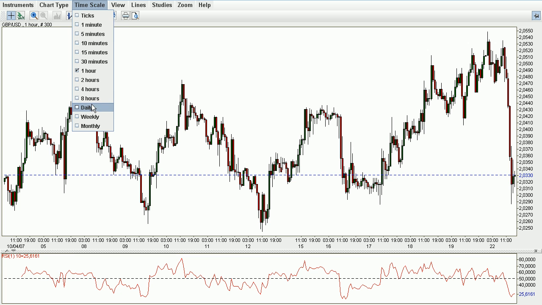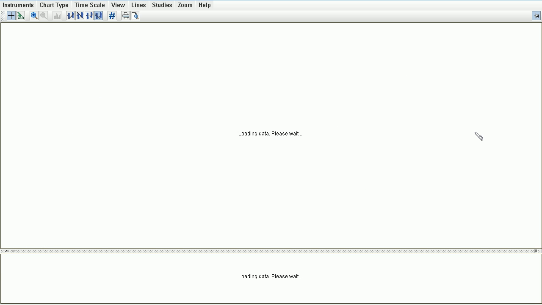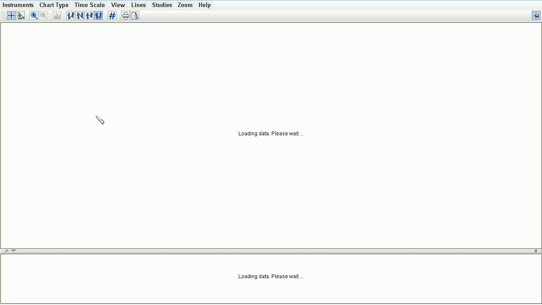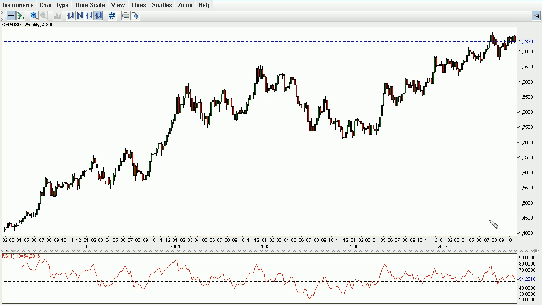Okay, from a daily perspective, we can see that again we have a divergence forming on this chart also, between the price chart and the indicator. If we go to a weekly time scale, then we are going to see another small divergence forming here.